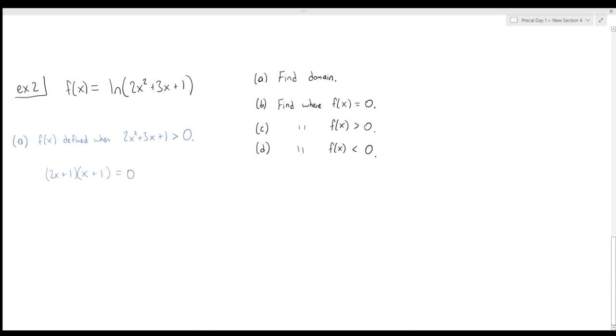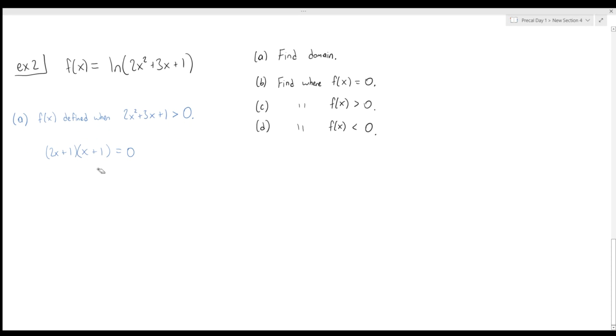So, okay. And then here, we have 2 places where it's equal to 0. If x is -1/2, that's 1 zero. And then if x is -1, another zero of the polynomial.